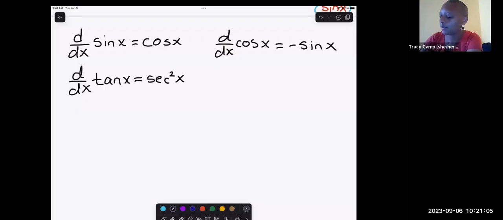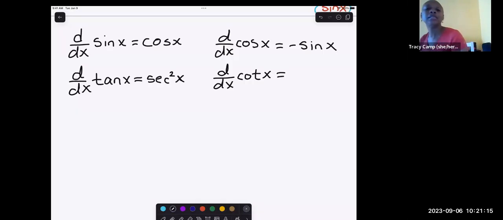Oops. And the derivative of cotangent. So here's the thing that makes it kind of easy to memorize. Notice that the derivative of sine is cosine, and the derivative of cosine is negative sine.